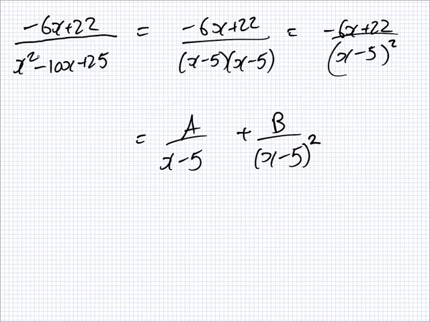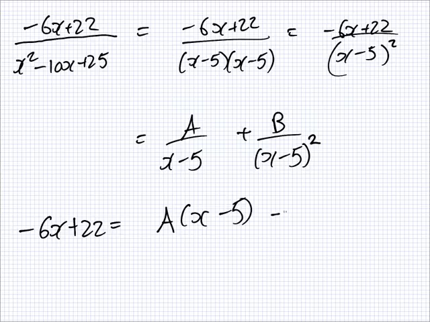So we do the same thing as last time, so I'll just jump straight to the equation we care about. Minus 6x plus 22 equals a, x minus 5 plus b. What did I multiply everything by here? I multiplied everything by x minus 5 squared.